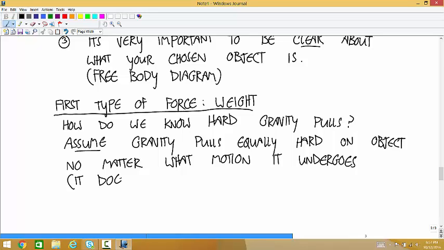And it turns out that is the case. Gravity pulls with the same intensity on a single object, whether the object's accelerating, moving with a constant velocity, or stopped.